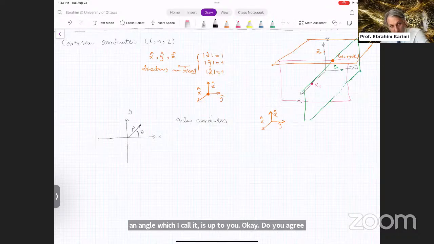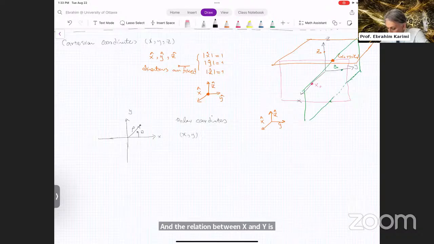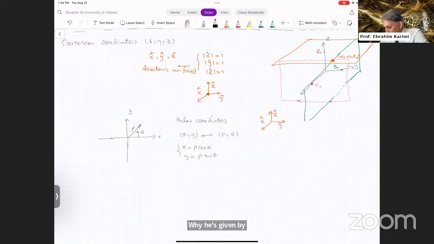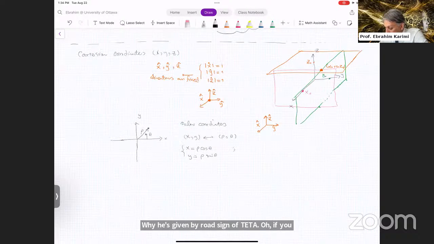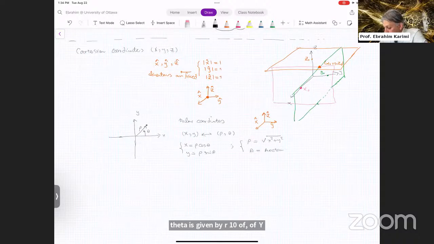And the relation between x, y and rho, theta is that. So x is given by rho cosine of theta, y is given by rho sine of theta. Or if you go otherwise, if you want to look at the relation of rho to x and y, it will be rho equals the square root of x squared plus y squared, and theta is given by arctan of y divided by x.